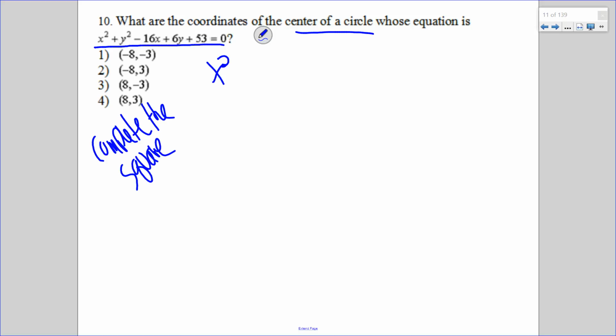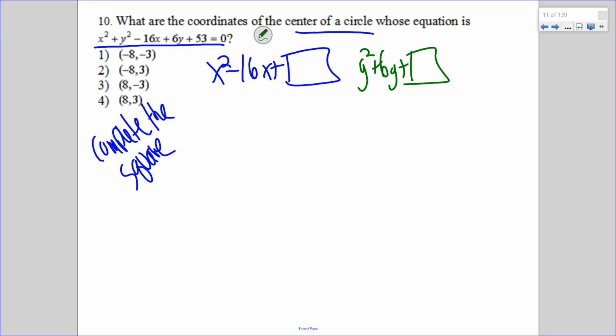So I'm going to write x squared minus 16x plus something, y squared plus 6y plus something equals, bring a number to the other side, negative 53 plus something plus something. Got a little cramped on space there.